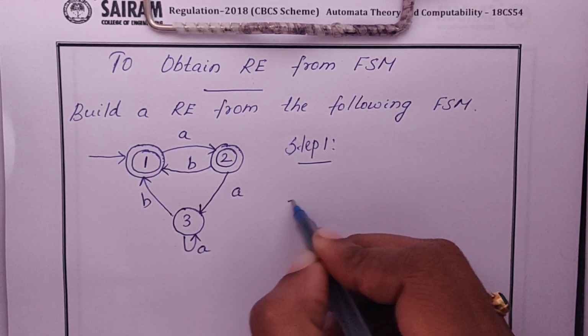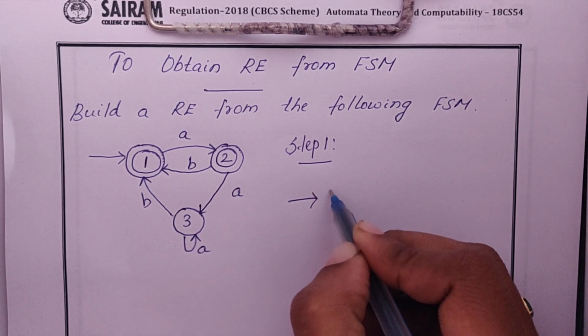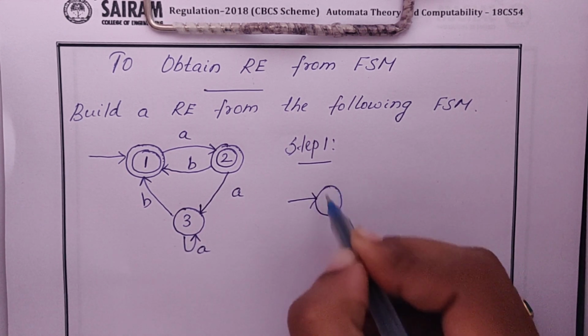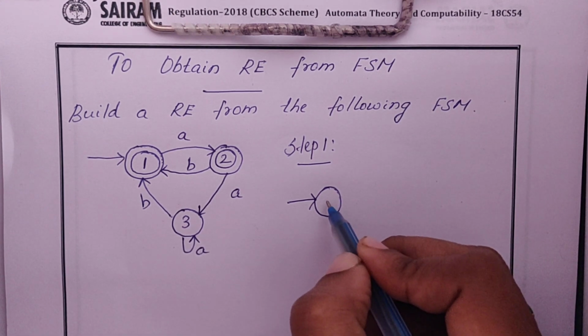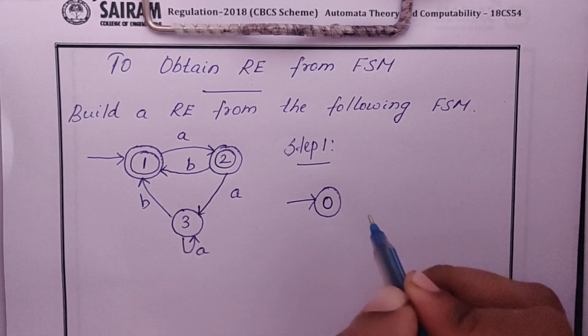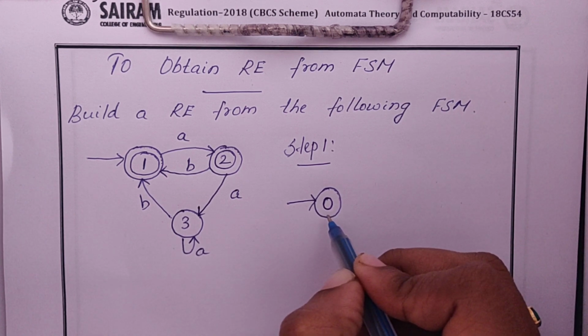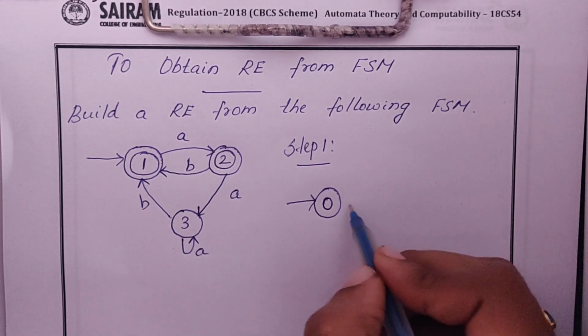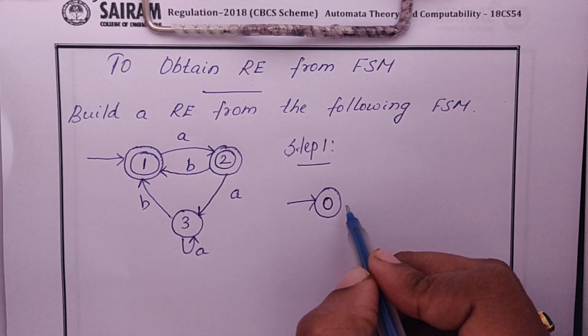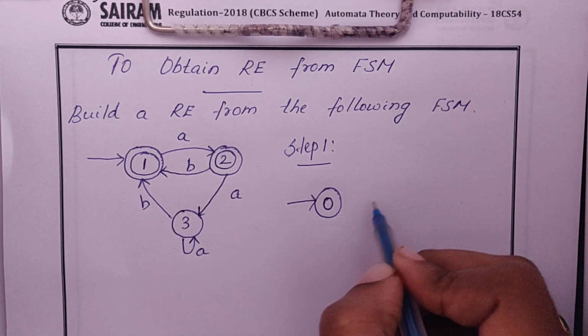How will I make a new start state? I'll take this state and number it as 0. Now this is my start state, this won't be my start state. And connect this old start state and new start state.